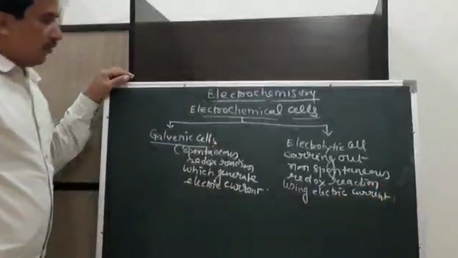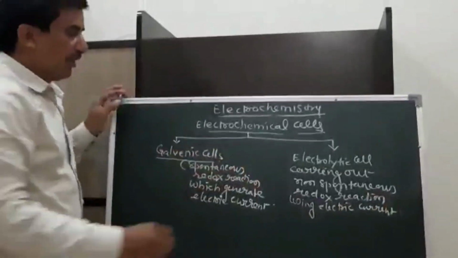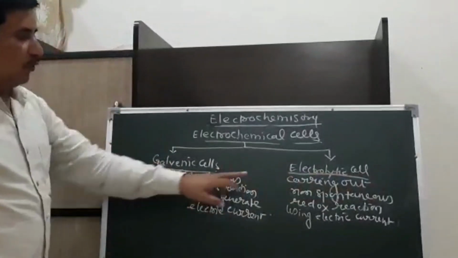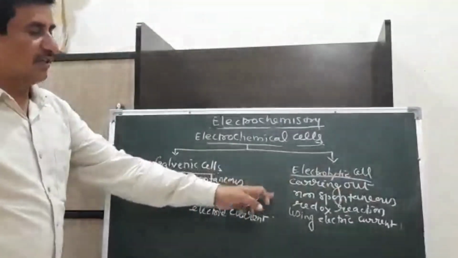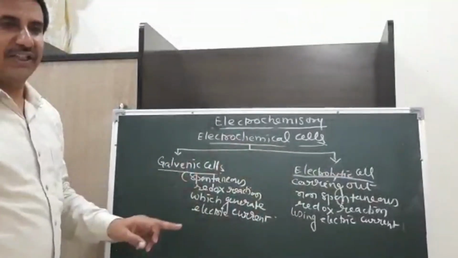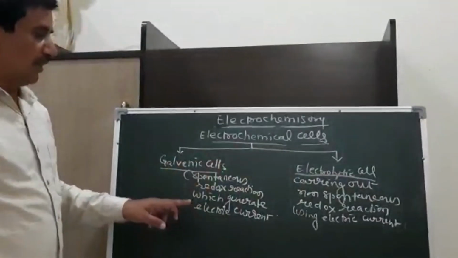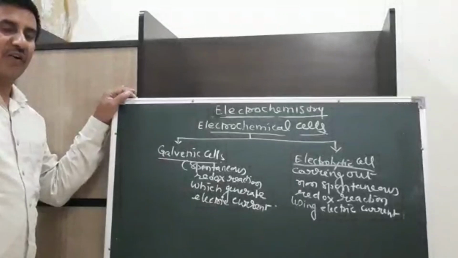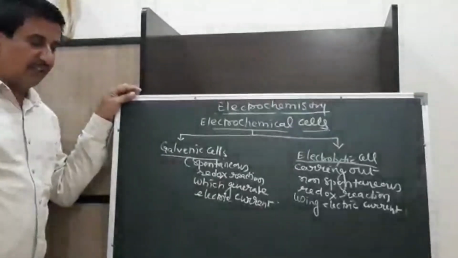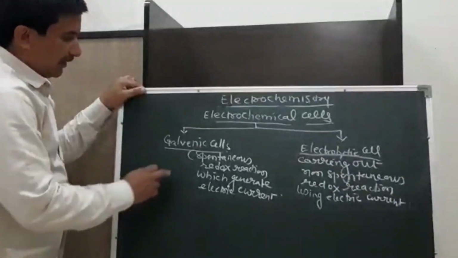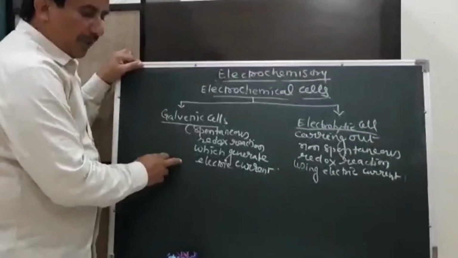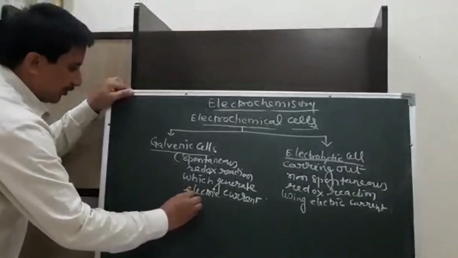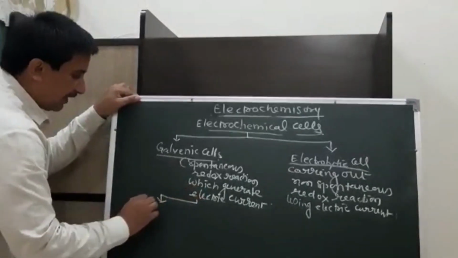So from these two, it's very clear that the electrolytic cell uses electric current to bring about a change through chemical reaction, and the galvanic cell uses a spontaneous redox reaction for generating electric current. Further, galvanic cells can also be classified as chemical cells or concentration cells.